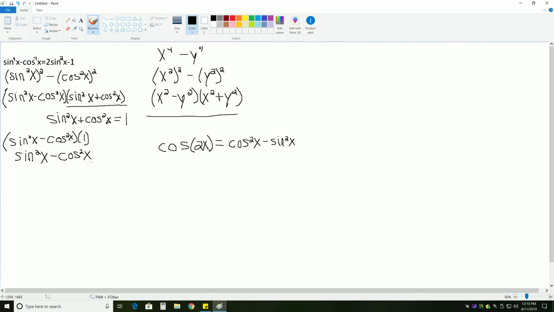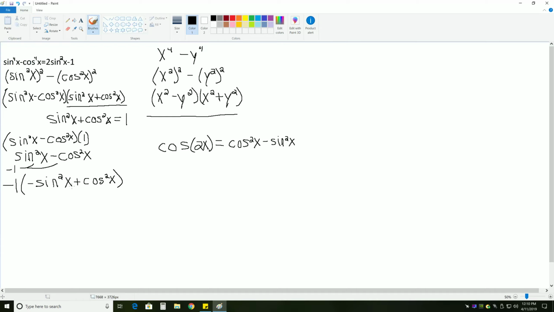So if we were to factor out a negative 1 from each of our terms, we would have negative 1 times negative sine squared x plus cosine squared x.